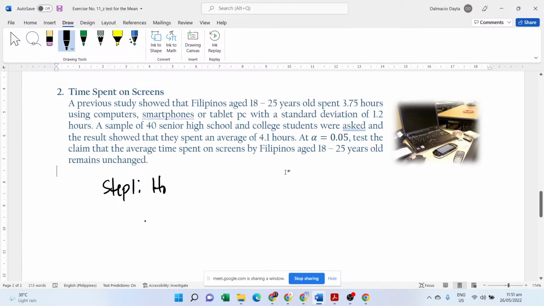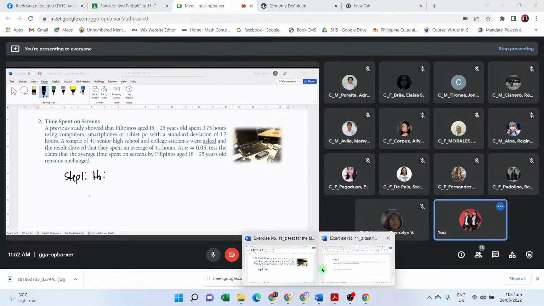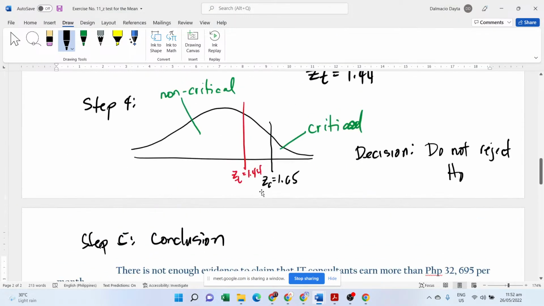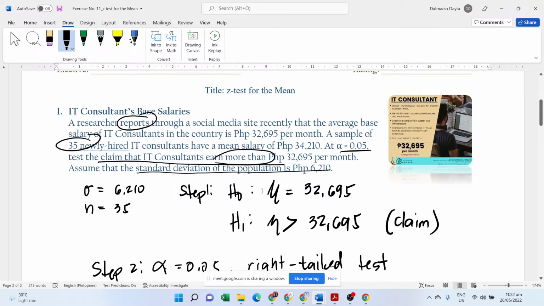Sige nga, please try. Try lang naman. Anyone, please? Try. Null hypothesis. O, nandyan lang din naman, no? Sige na, volunteer. O, tingnan nyo kung paano ko ginawa yung null hypothesis sa step 1 from the problem.